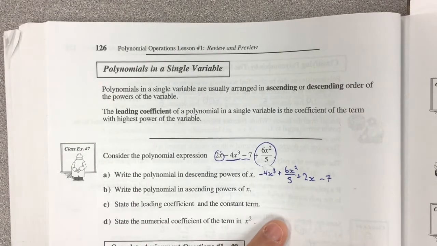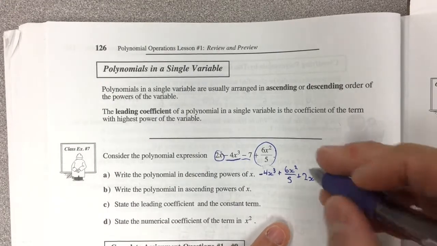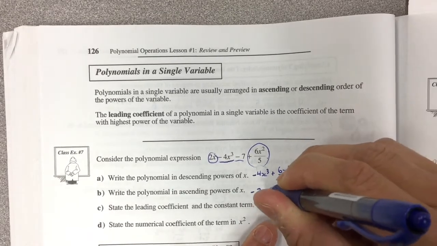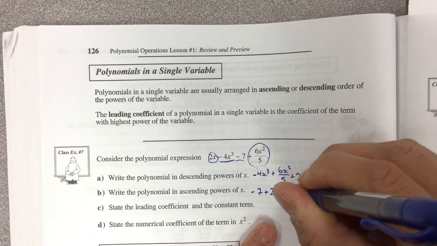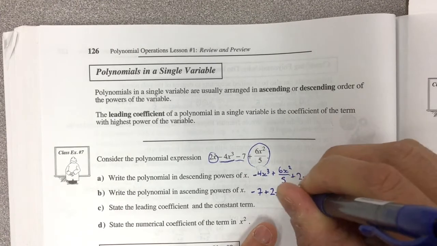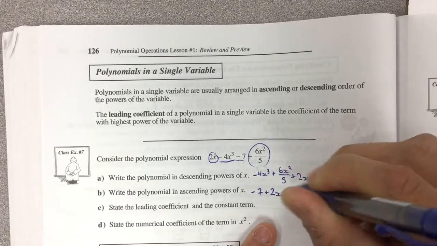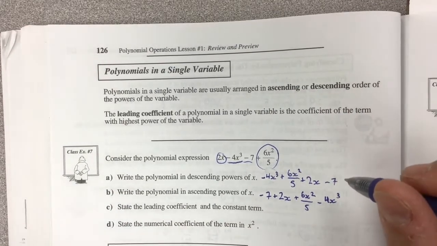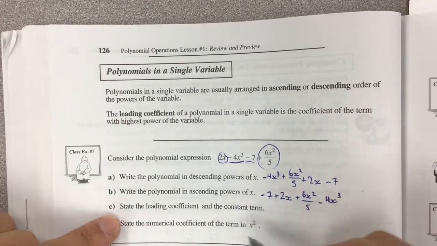Now we want to reverse this and write it in ascending powers of x. So negative 7 would go first, followed by 2x, then my 6x squared divided by 5, and then my negative 4x cubed. We want to state the leading coefficient and the constant term.